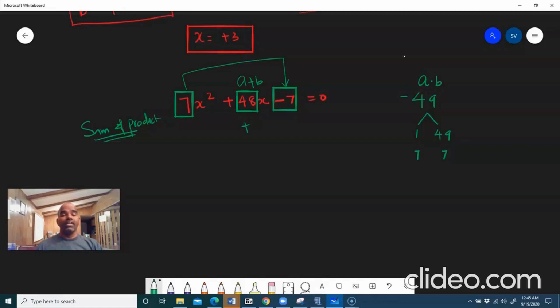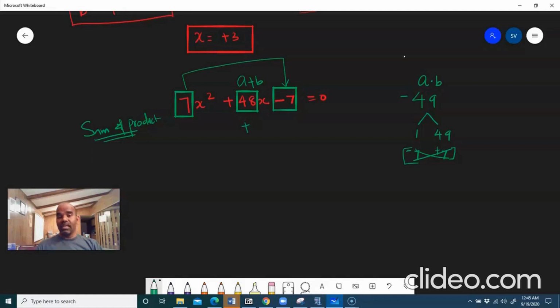Okay, we can consider 1 and 49, 7 and 7. If one is negative and the other is positive, with 7 and 7 the sum will be 0. So we cannot consider this, and we can eliminate this case. Then what about this case? 1 and 49. Product is negative. That means one of these should be negative. Then we need to check before finalizing the sign of one of those terms.